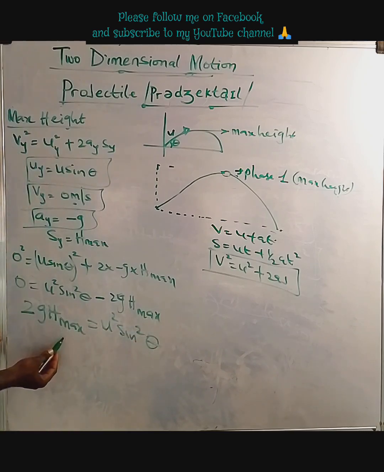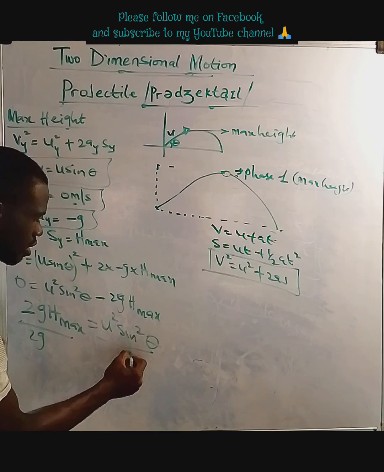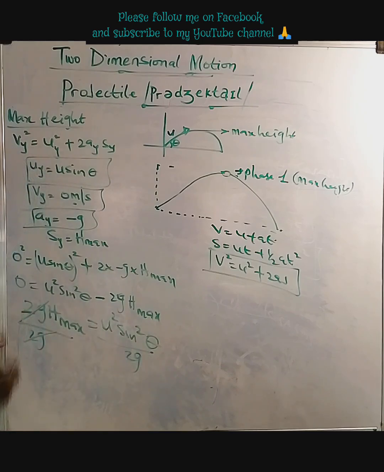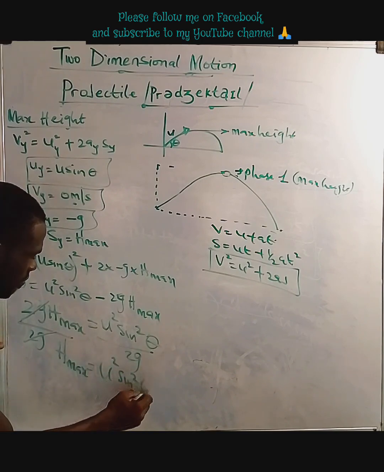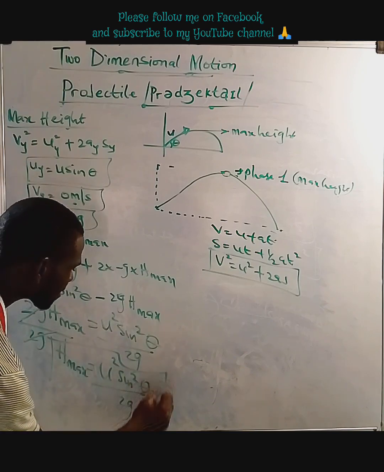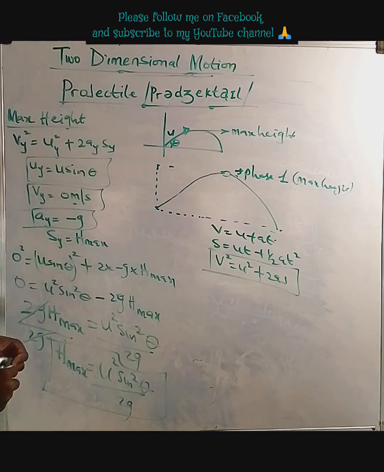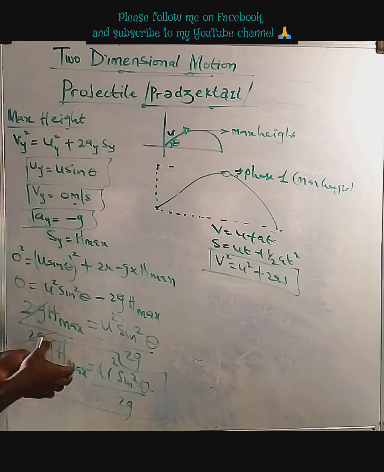We're looking for the formula for maximum height, so you divide both sides by 2g. The formula for the max height attained by the body is u squared sine squared theta over 2 times gravity. The maximum height can only be gotten when the final velocity is 0. So this is the formula.